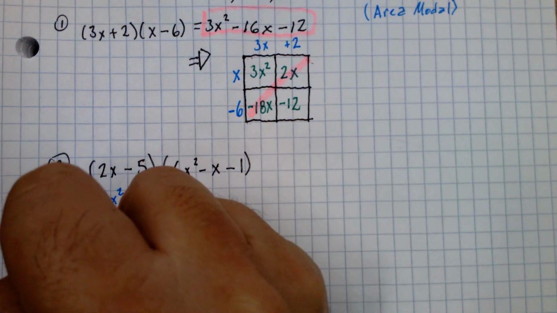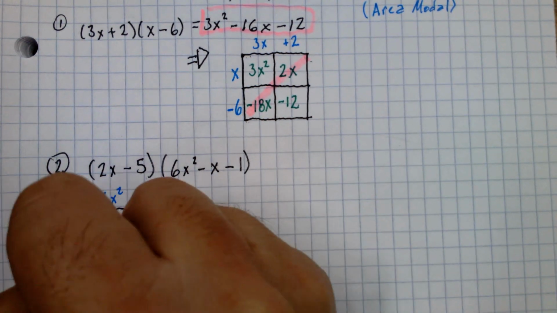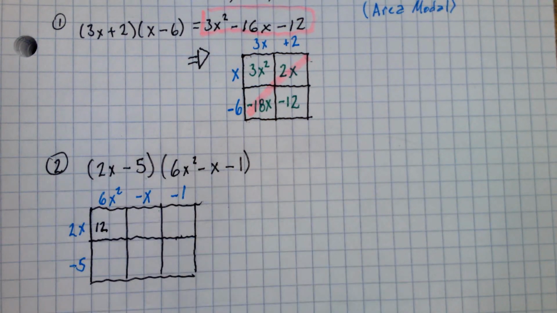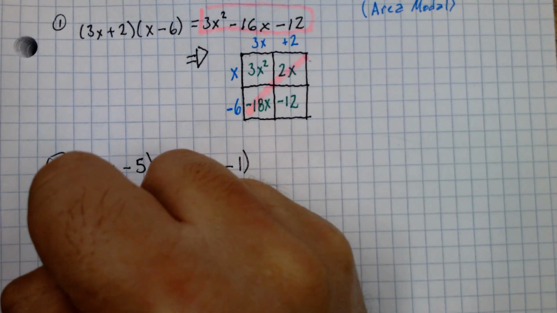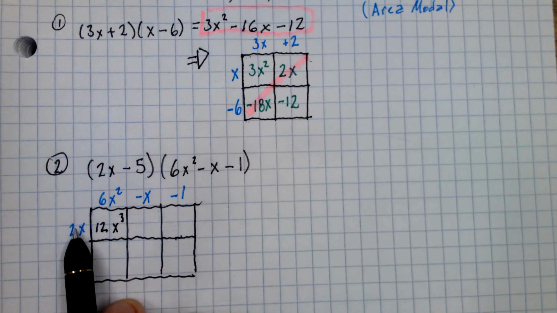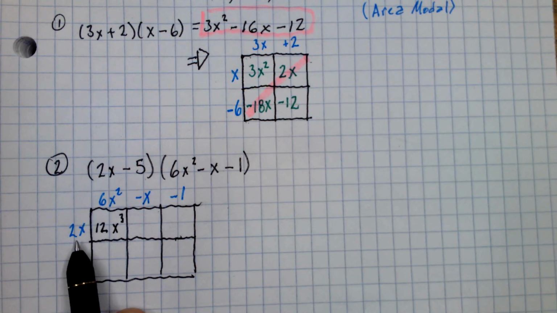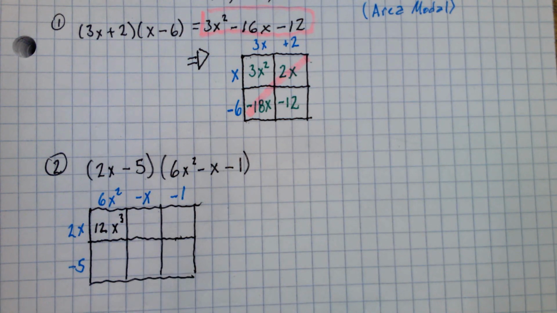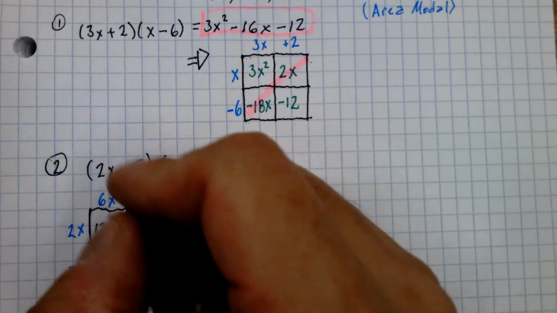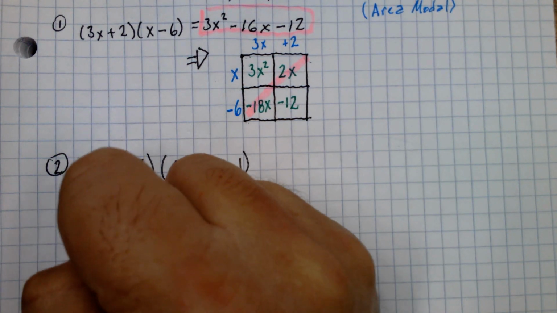I'll give you the hard one, 12. What's x times x squared? X to the third. So multiplying these two gave me 12x cubed. So now let's multiply 2x times negative x. What is that going to give us? Negative 2x squared, yeah.